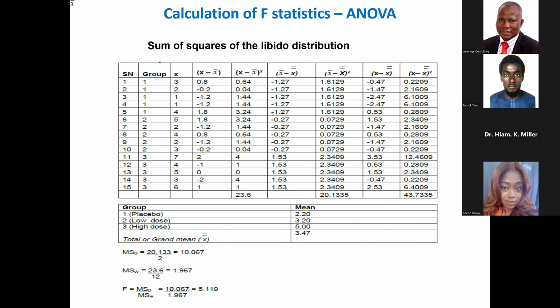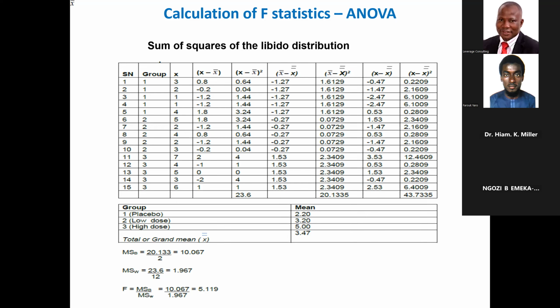So now, if you add 23.6 with 20.1335, it will give you 43.7335. So what is it telling you now? The first one, sum of square within, tells you the variability within each group.